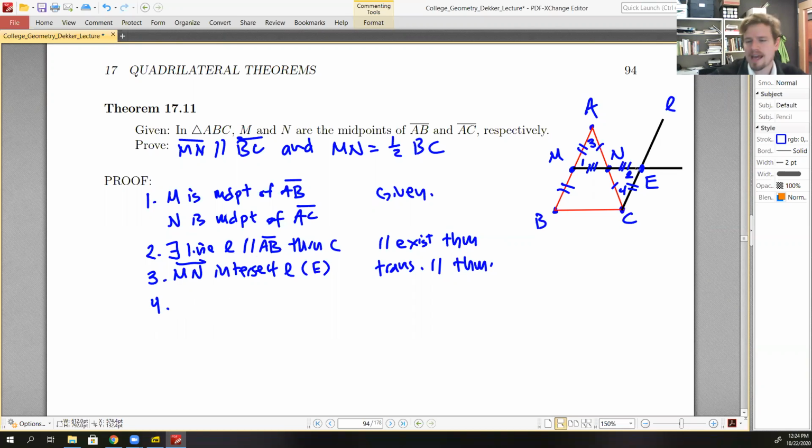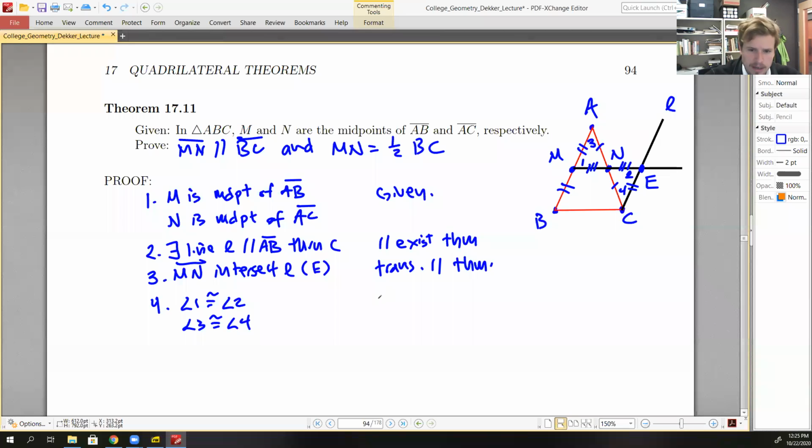All right, once we had that, we noted that there were some congruent angles. So 1 and 2 are congruent, and 3 and 4 are congruent. Angle 1 is congruent to angle 2, and angle 3 is congruent to angle 4. Excellent.